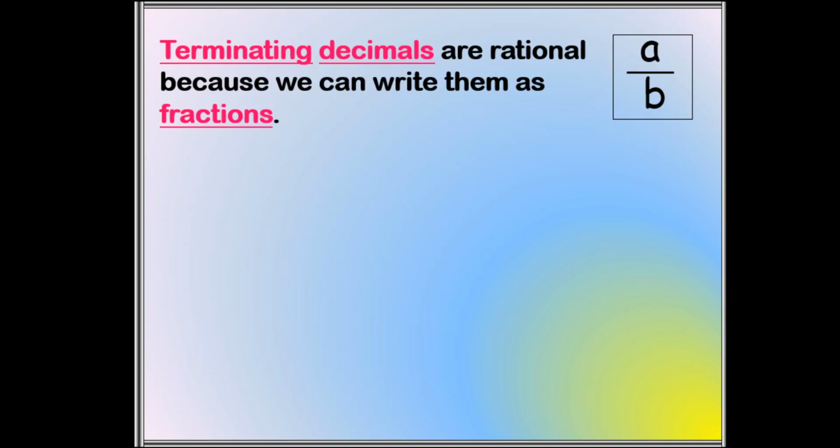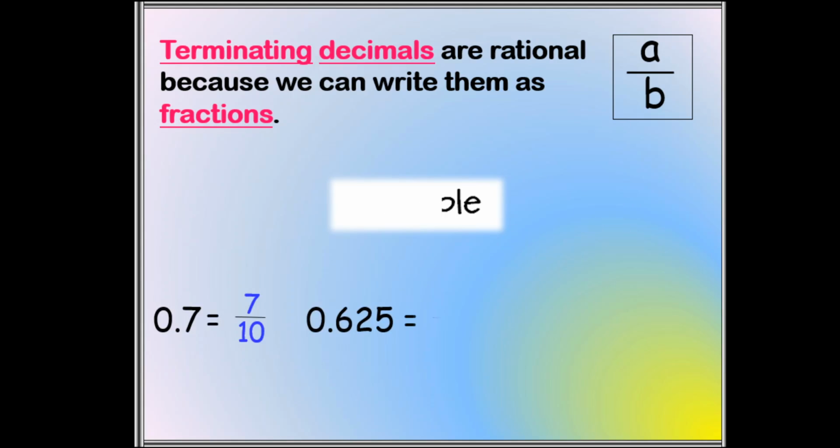Now, terminating decimals are rational because we can write them as fractions, like a over b. For example, we have 0.7 is equal to 7 over 10. 0.625 is equal to 5 over 8.